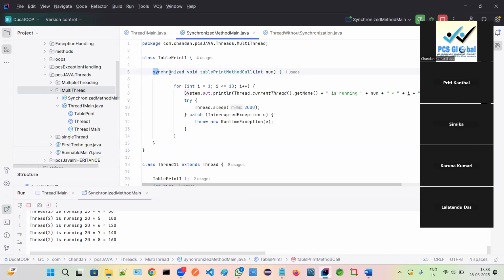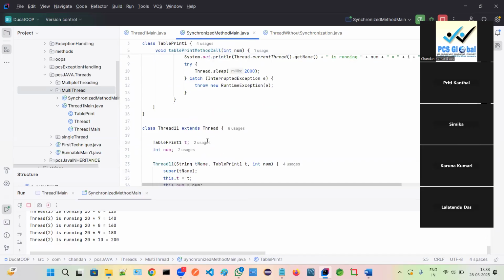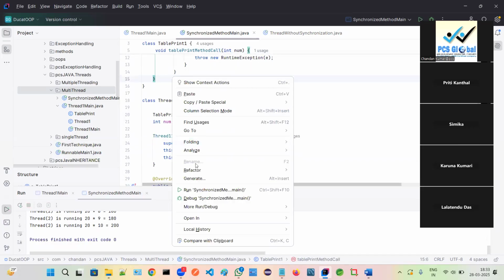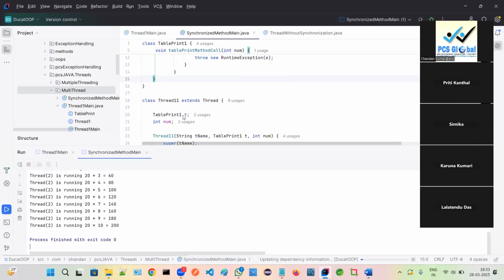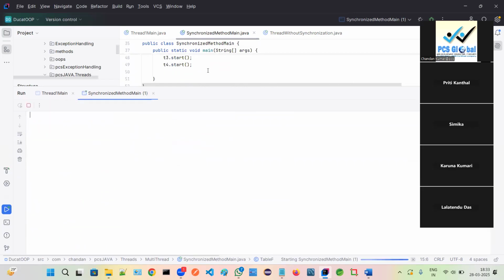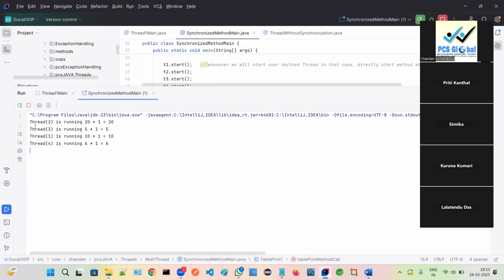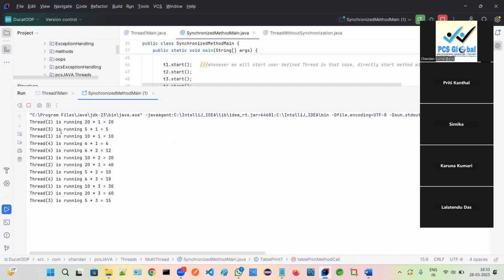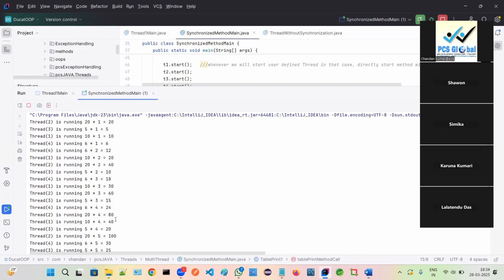Okay, let me remove it. Before, I hadn't made it synchronized. Now just see the output. Since multiple threads are running, thread 1 2 3 4, in the output we can see thread 2 20 into 1, thread 3, thread 1, thread 4, like this, and it is not printing the table in proper format.